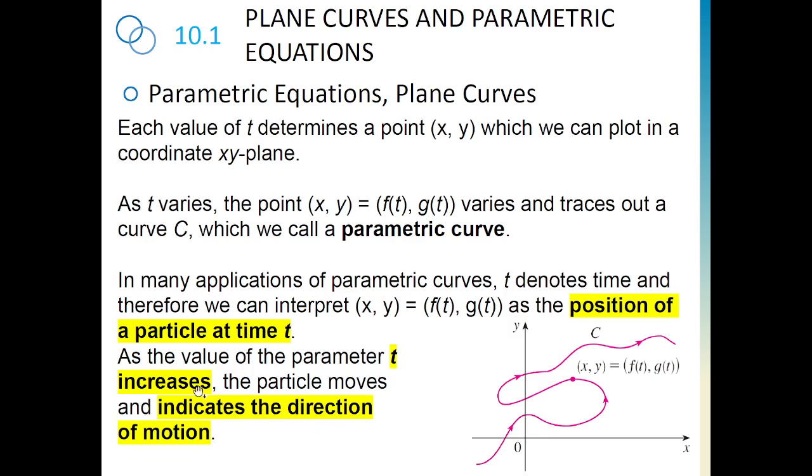And as t increases, we will get the direction of movement. Here, t could be interpreted as time for our purposes, but sometimes we will see in examples it will be an angle because something is rotating.